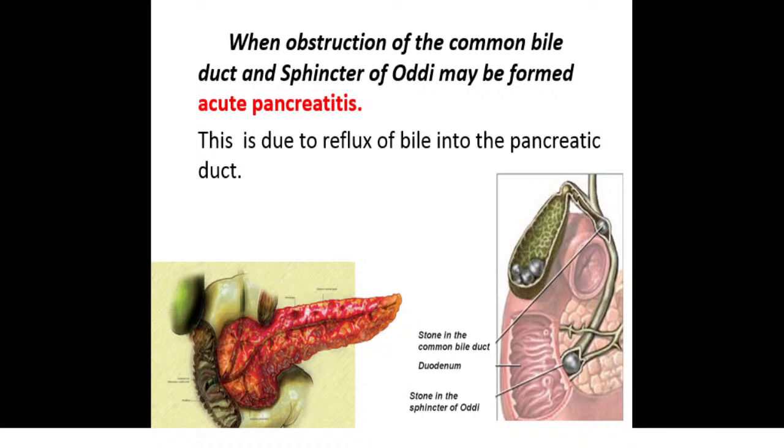When there is obstruction of the common bile duct and sphincter of Oddi, this patient may have acute pancreatitis. This is due to reflux of bile into the pancreatic duct and then activation of the enzymes.